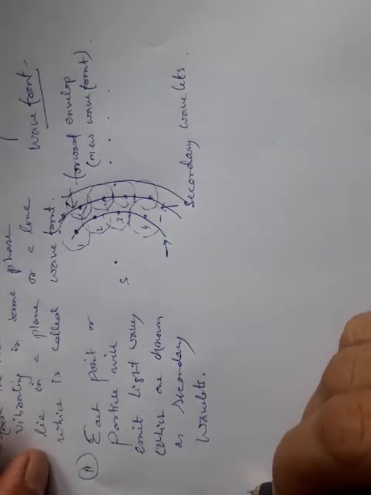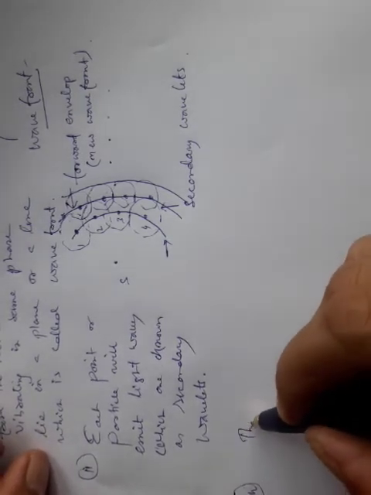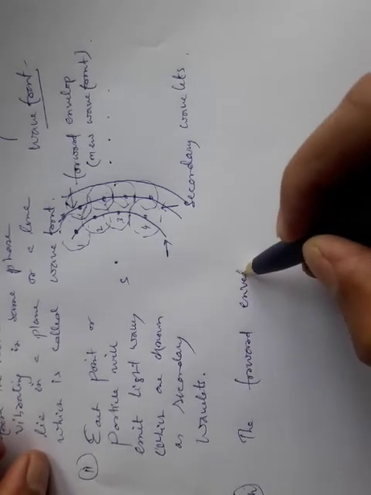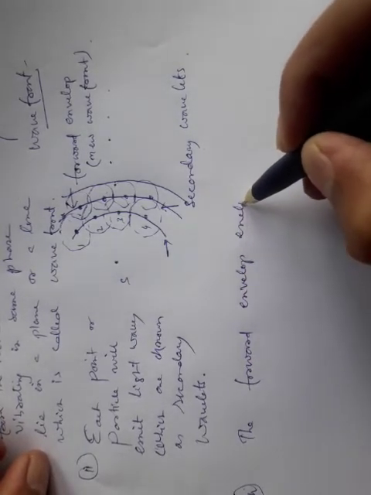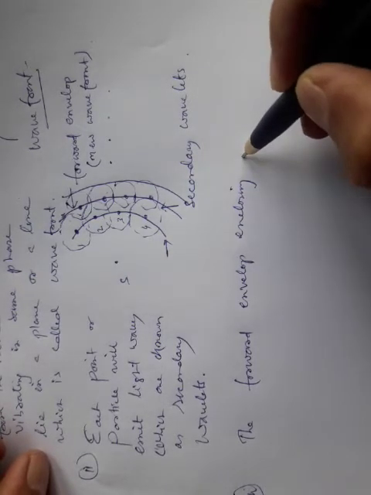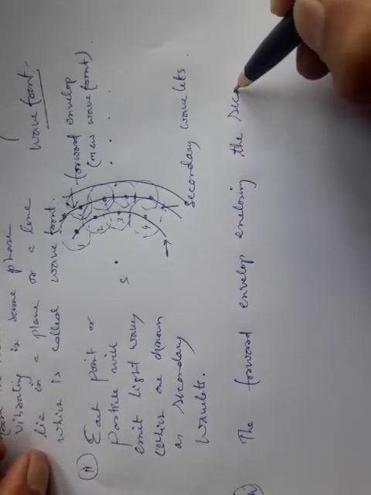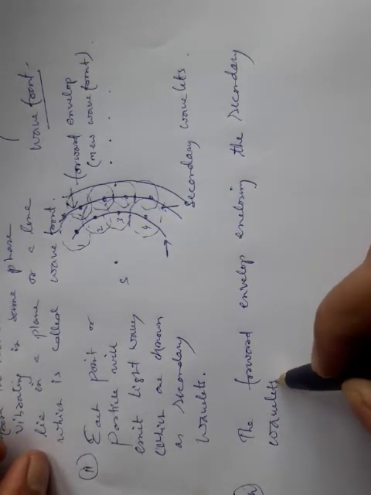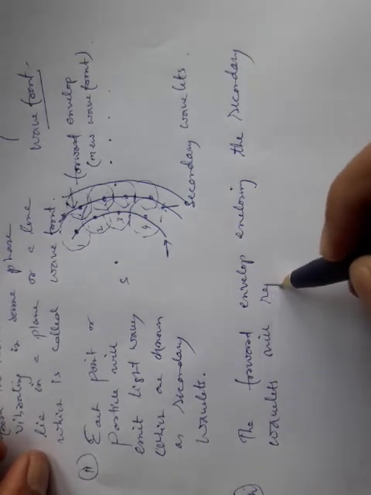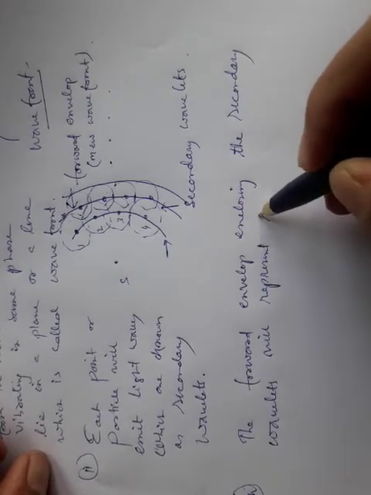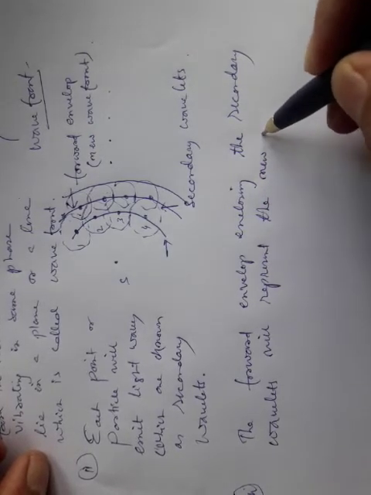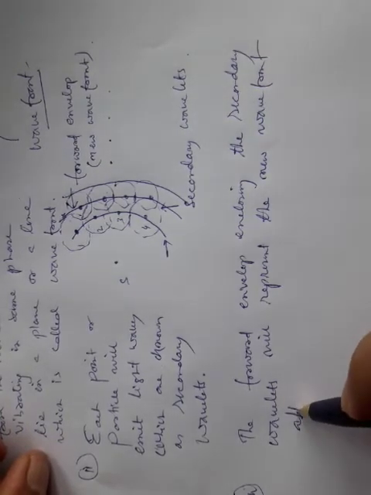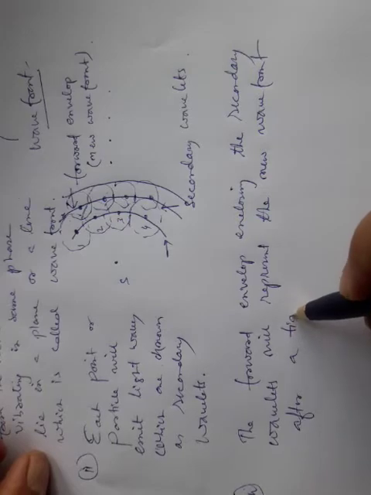And number 3, you can include one more here. The forward envelope enclosing the secondary wavelets will represent the new wavefront after a time, let us say the time be t.